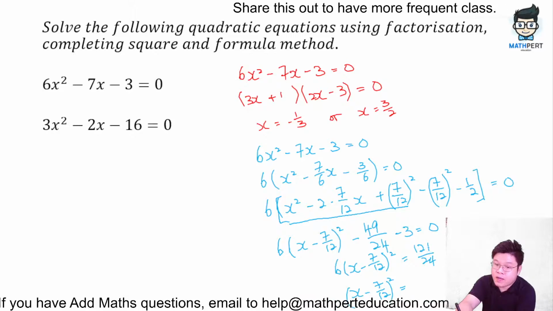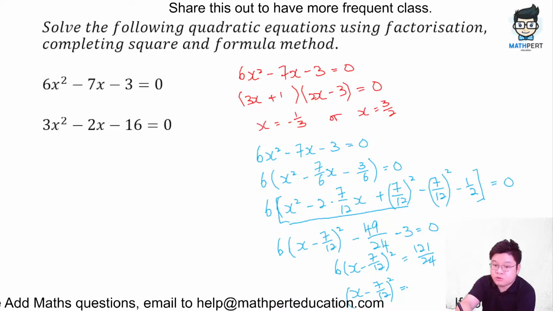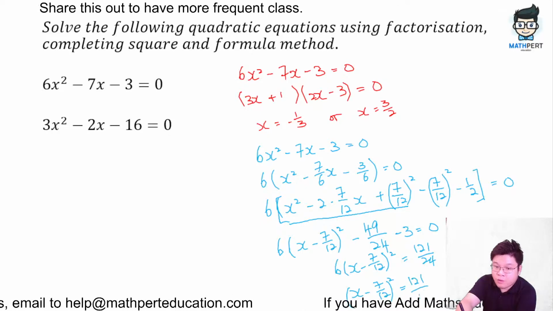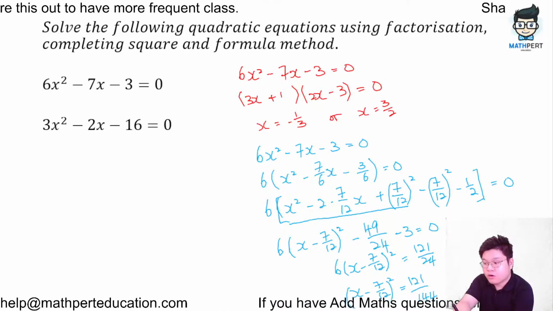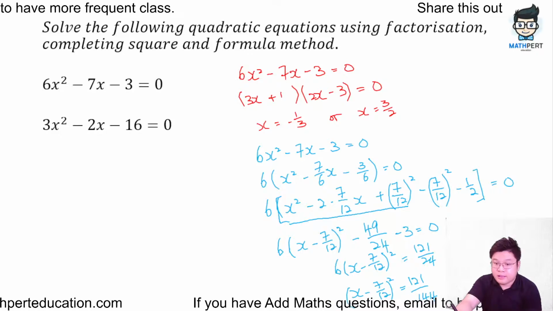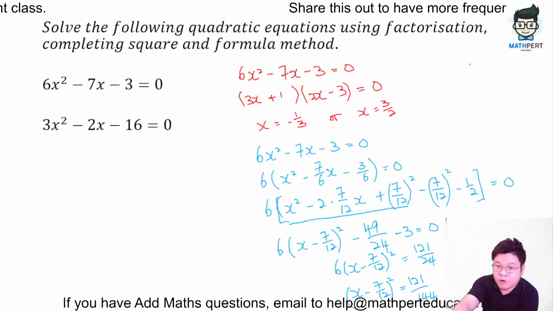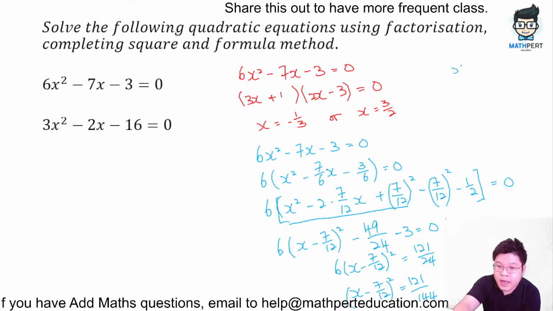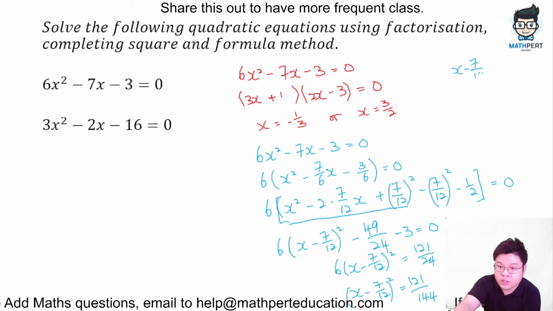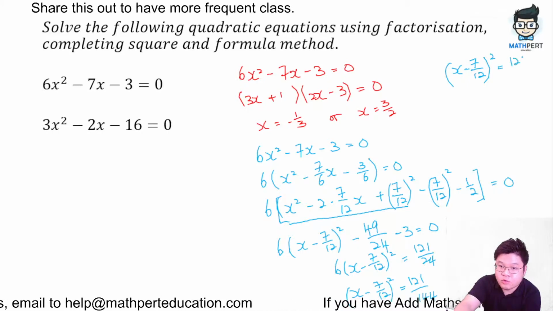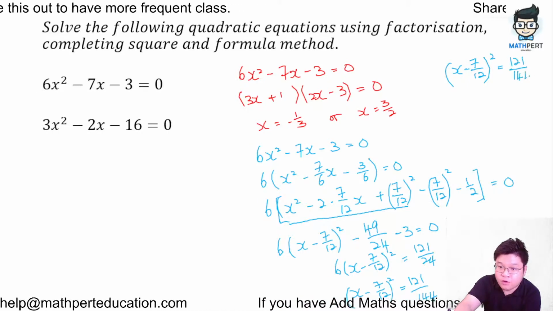So 121 over 24 divided by 6, you get 121 over 144. Okay, since I do not have space, I continue on top over here. So x minus 7 out of 12 squared equals to 121 over 144.